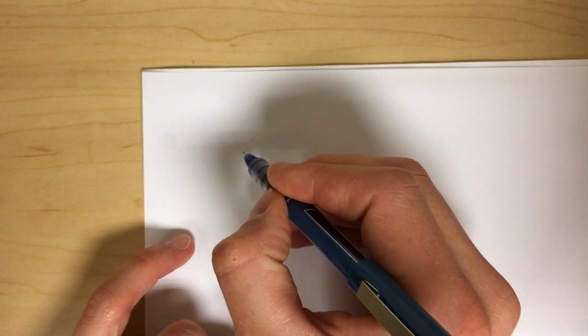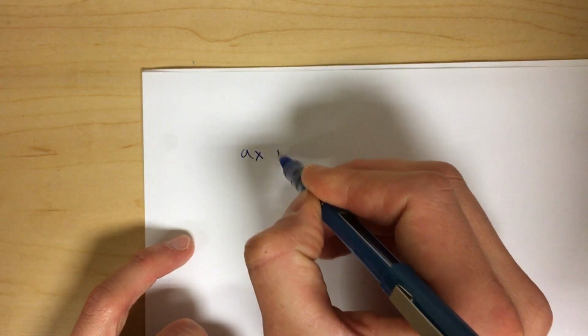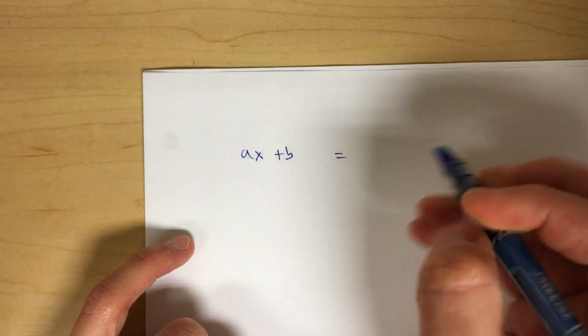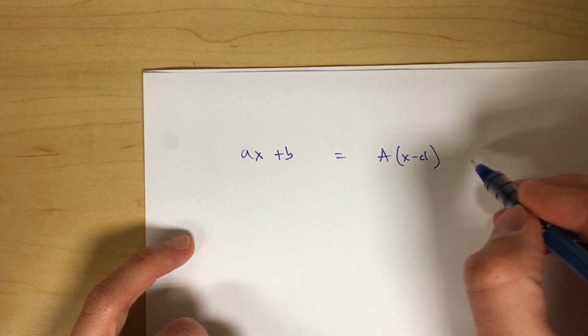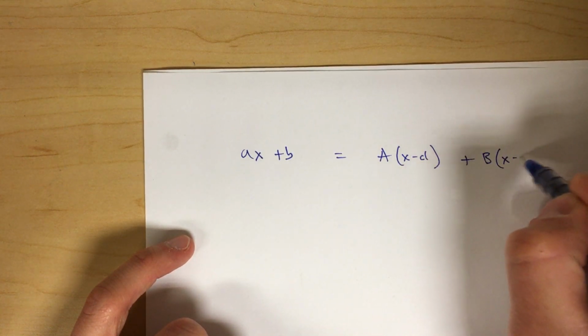But this is the last technique of integration that we're going to talk about, and it's called partial fractions. So the idea basically is that if you have something like this, ax plus b, this can be written as a times x minus d plus b times x minus c.